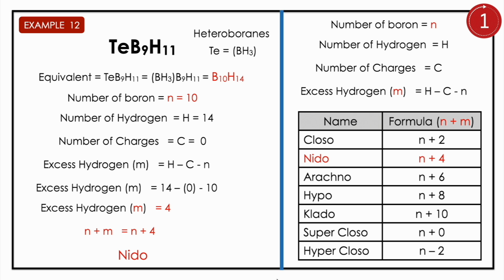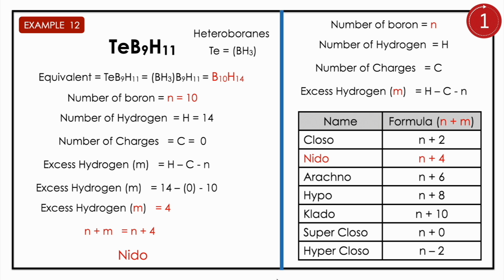We will go by the basics. Find the excess hydrogen. Here the number of borons is 10, which is N equals 10. The number of hydrogens is 14, which is H equals 14. The charge is 0. For the excess hydrogen, the formula is M equals H minus C minus N. H is 14, C is 0 because there is no charge.